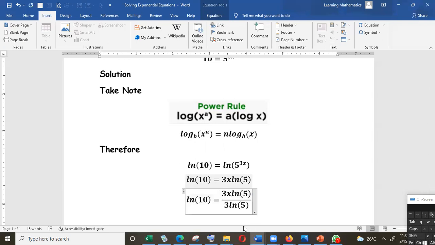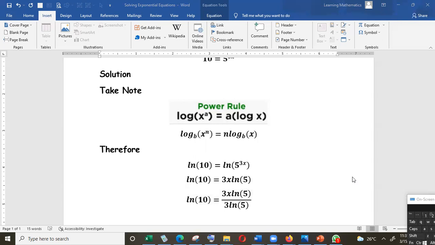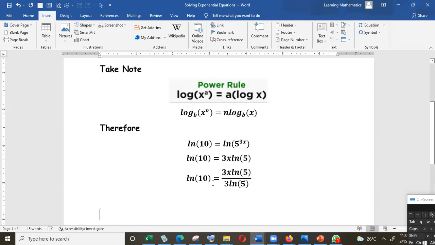Okay, the ln of 5 cancelled out and the 3 cancelled out to leave the x by itself. Remember, we want our final answer to be x is equal to. So if I divide by 3 ln of 5 on the right, I have to divide by 3 ln of 5 on the left.